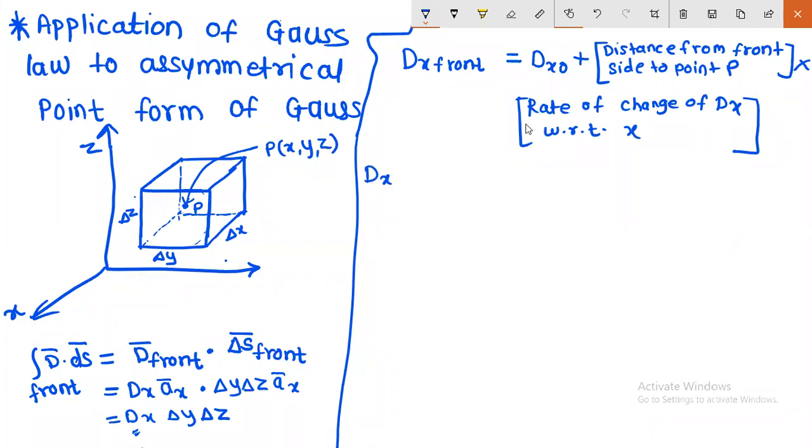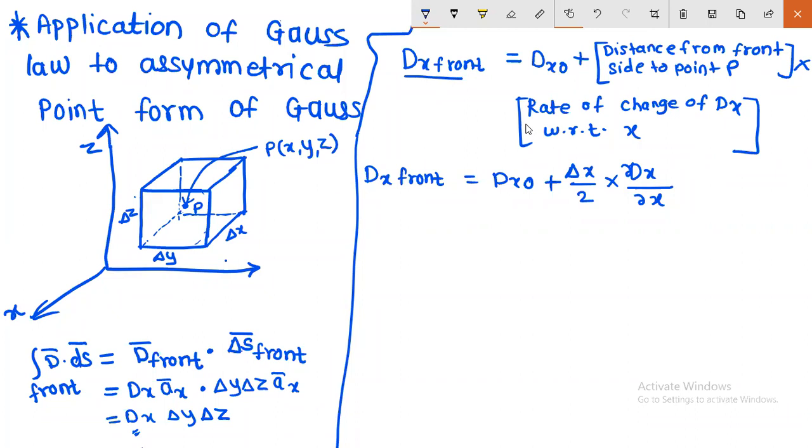We can write this dx front as dx0 plus the distance from the front side to point P, delta x divided by 2, into the rate of change of dx, that is del dx divided by del x. Now I'll write the whole equation, because here we have written only for dx front.